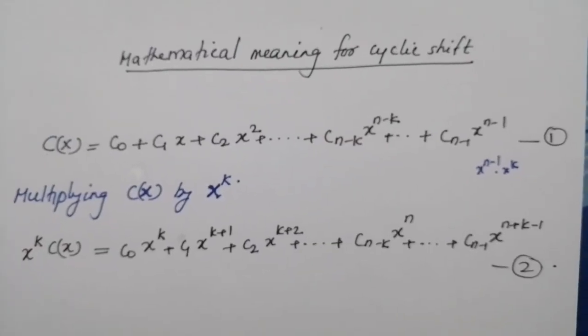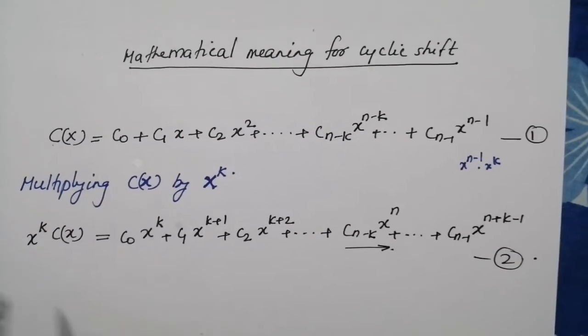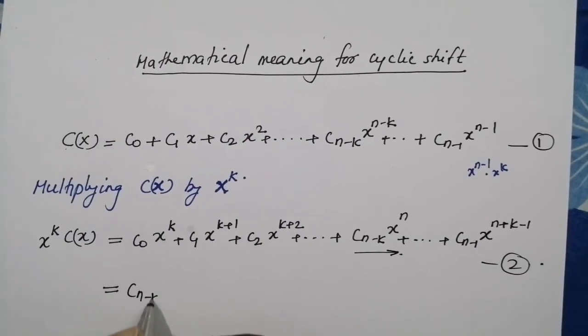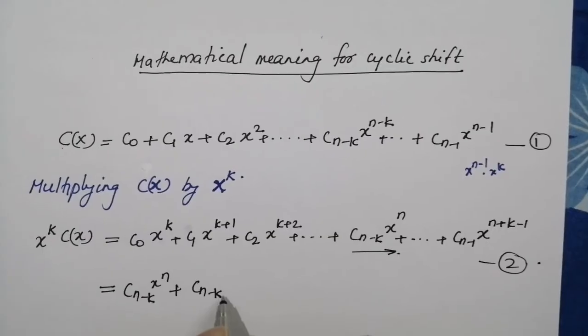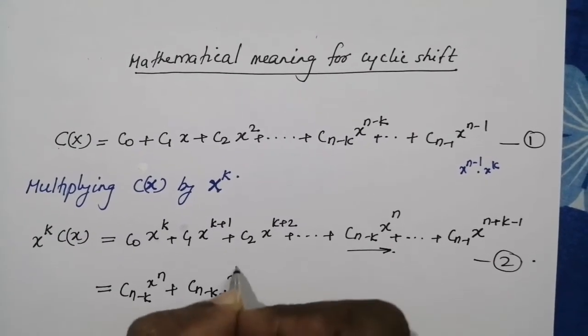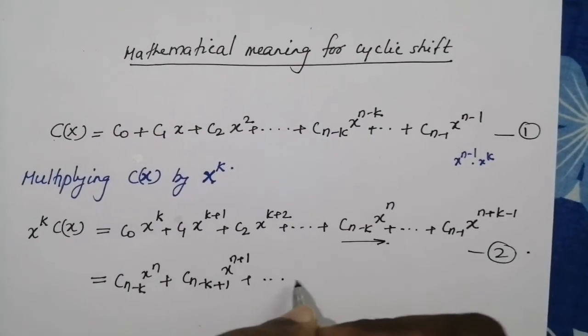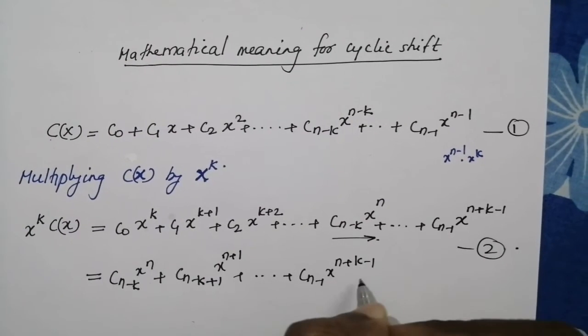Now rearranging the terms of equation number 2, by writing from this term onwards, this can be written as C of n minus k x raised to n plus C n minus k plus 1 x raised to n plus 1 plus etc. plus C n minus 1 x raised to n plus k minus 1.